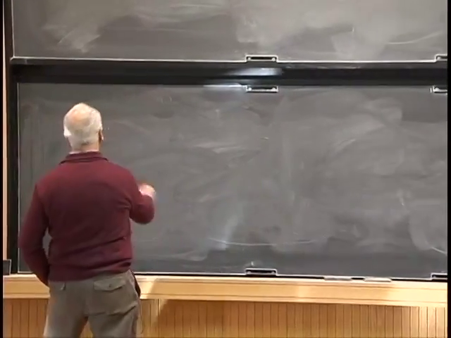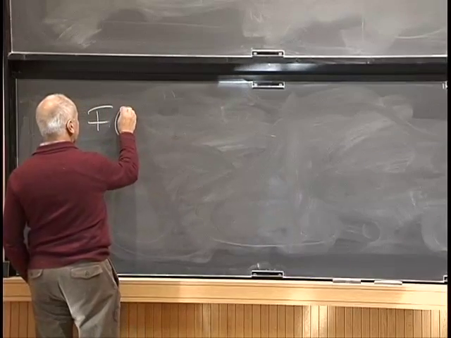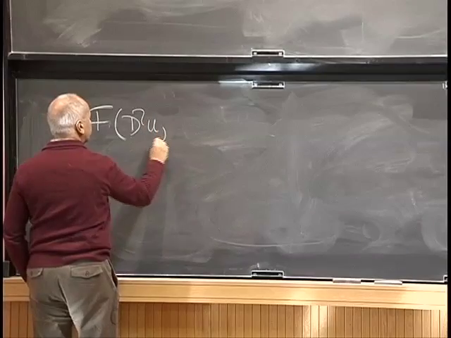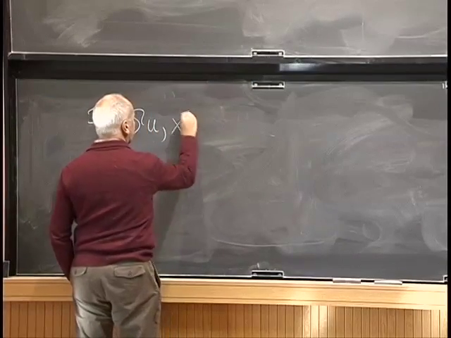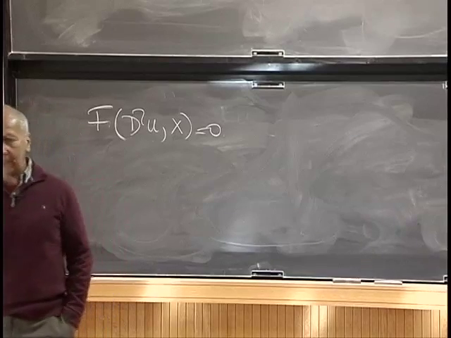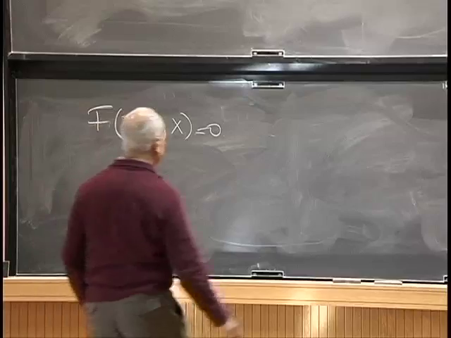What you are given is a family, the equation f of D squared u and x equal to 0, right? This is an equation that is uniformly elliptic and periodic in x.